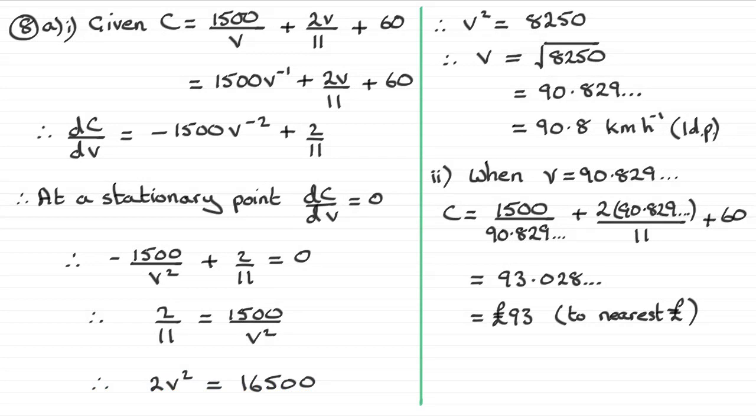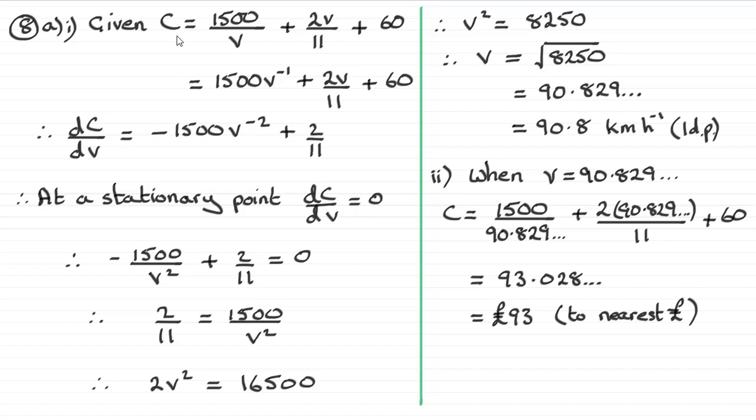Okay, so for 8a, part 1, we're given this equation here for the cost of running the lorry in pounds when it's travelling at v kilometers per hour, and we've got to find the value of v which minimises that cost, and then work out what that minimum cost would be.